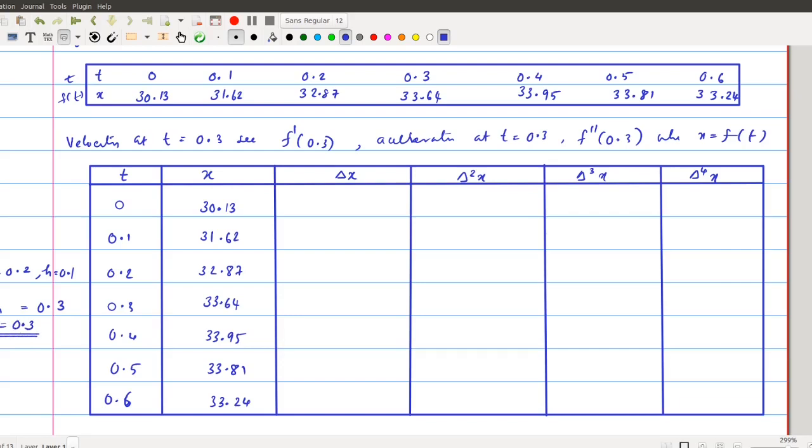This is obtained by solving this: put a is equal to 0.2 and h is equal to 0.1. This t is equal to 1, not 0.3.